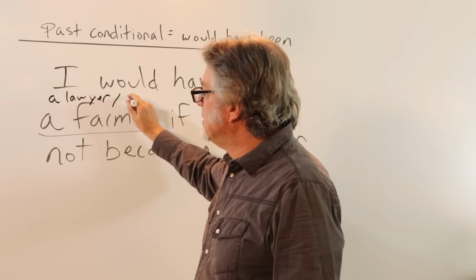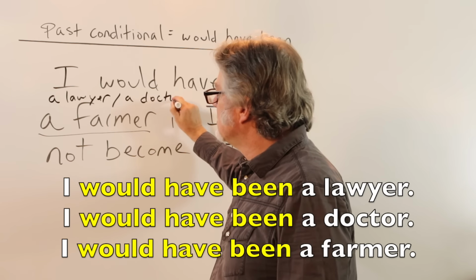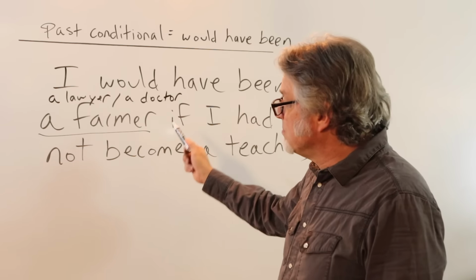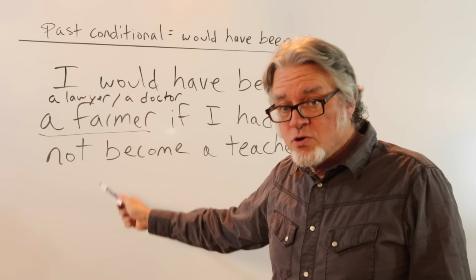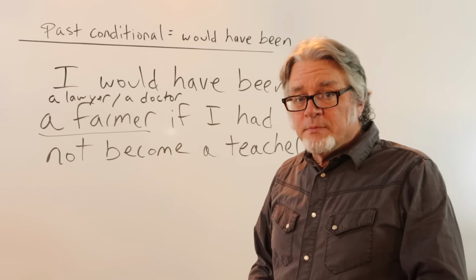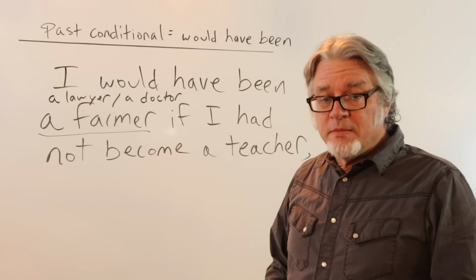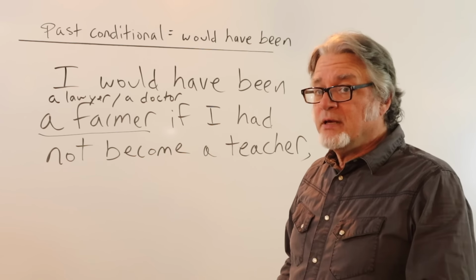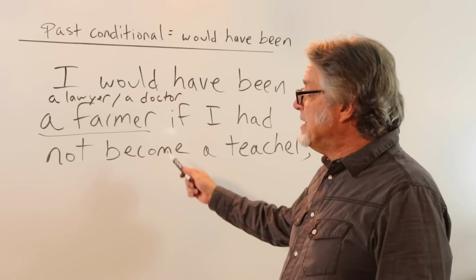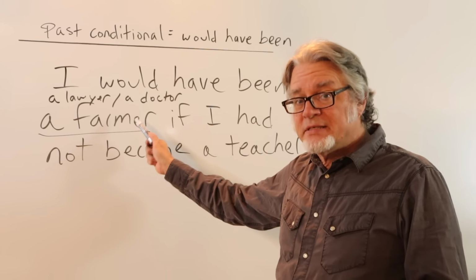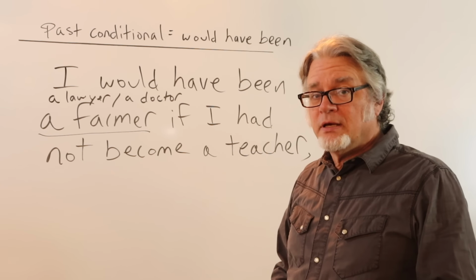I would have been a doctor. I would have been a farmer. And this quite possibly is true for me because I'm interested in farming. I'm interested in education, but I'm also interested, and I have always been interested in this type of occupation.